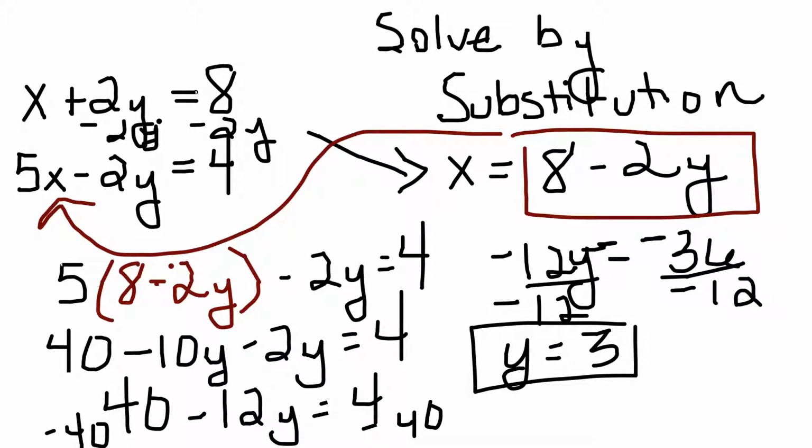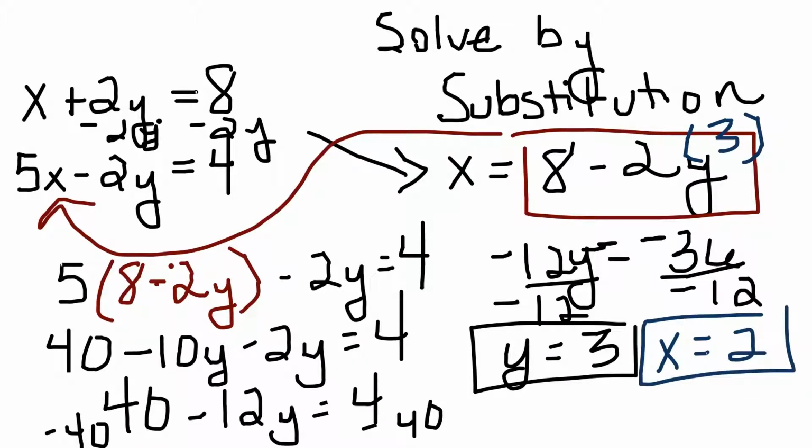So then I'm going to say, okay, well, if I know y equals 3, let's figure out what x is. If I plug 3 right in here for y, I get 8 minus 2 times 3, which is 8 minus 6, which will end up giving me x equals 2. So I see my solution again is 2, 3.